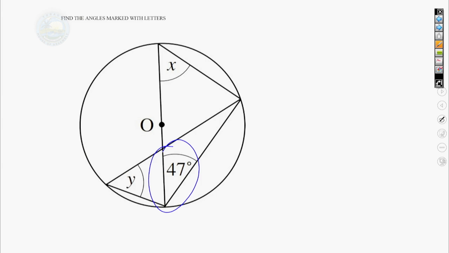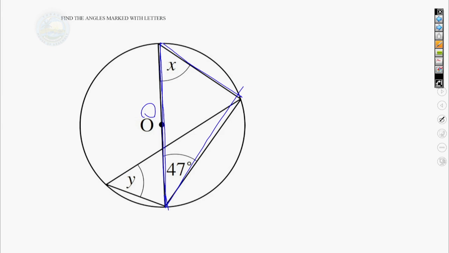And this angle is being subtended by what two lines? This line here and this line here. Now, what is this line? This line coming through the center, this is the diameter. And we know that that is a triangle.